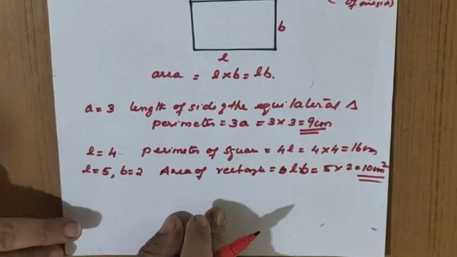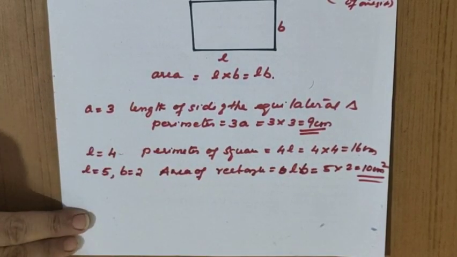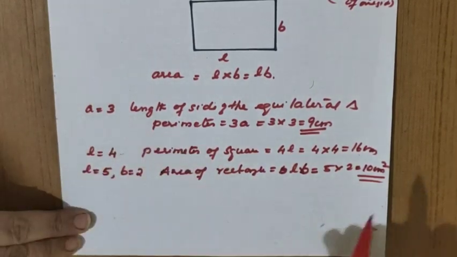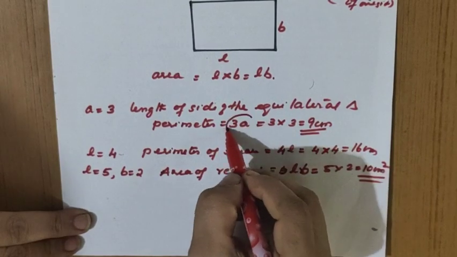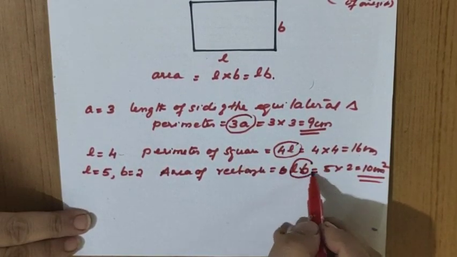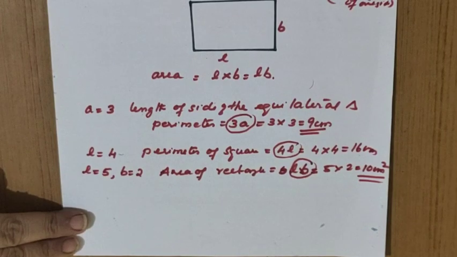So with the help of the formula, we are able to find the perimeter and the area respectively, right? Now what are we doing here? Algebraic expressions only. 3a, 4L, LB, all these are algebraic expressions.